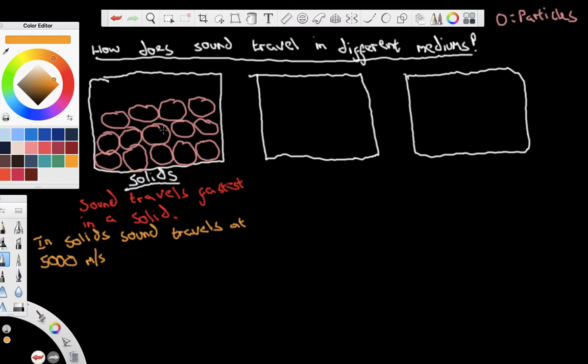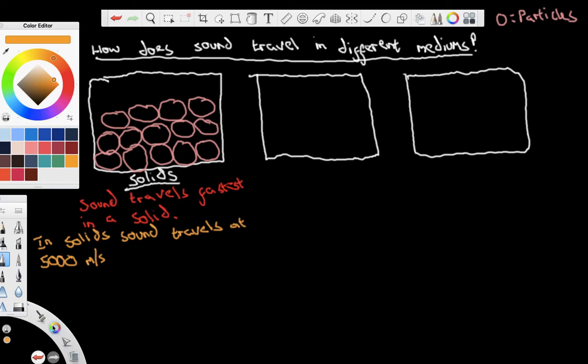Okay, so you need to make sure that when we're looking at mediums such as solids, liquids and gases, you always keep in mind that the particles are close touching in a solid, therefore if they start vibrating, they pass this on, causing sound to travel quickly.